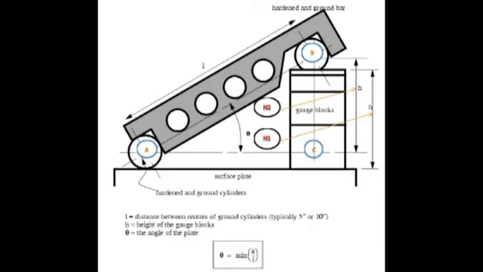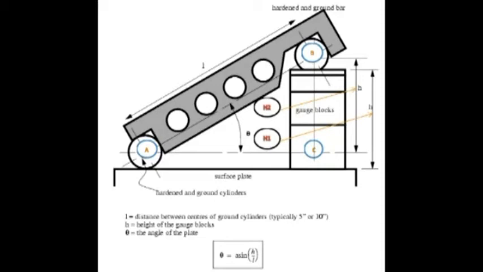All the working surfaces of the bar and the cylindrical surfaces are finished to a roughness value of 0.2 micrometers or better. Sine bars are graded as A grade or B grade, with an accuracy of 0.02 mm per meter of length.